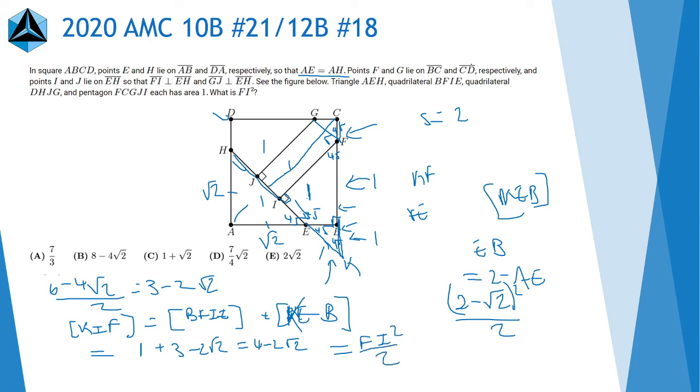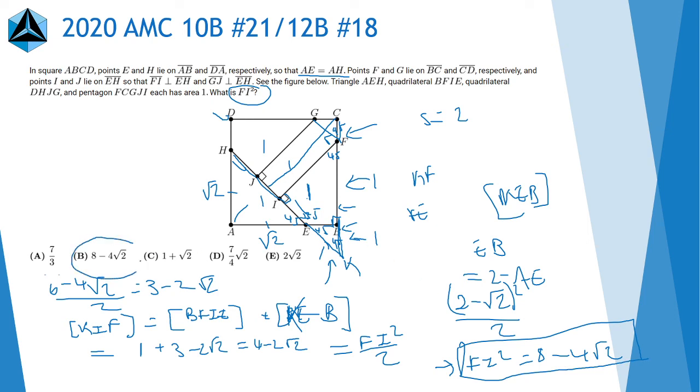The problem actually asks for Fi squared, so we can just multiply by 2. This implies that Fi squared is equal to 2 times 4 minus 2 root 2, which is 8 minus 4 root 2. And that is this answer choice B. And we are done with this problem.